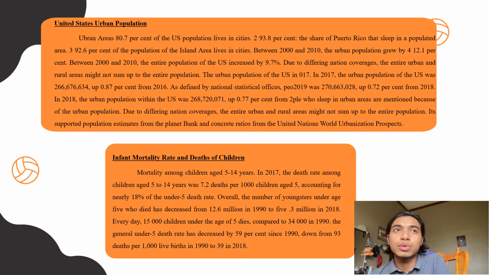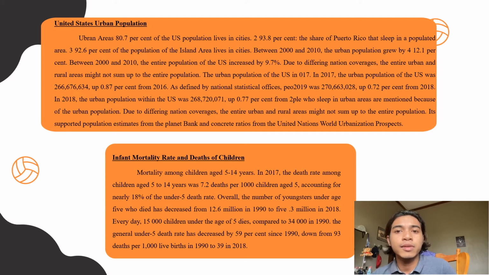Due to differing national coverage, the entire urban and rural areas might not sum to the entire population. It is based on population estimates from the World Bank and urban ratios from the United Nations World Urbanization Prospects.